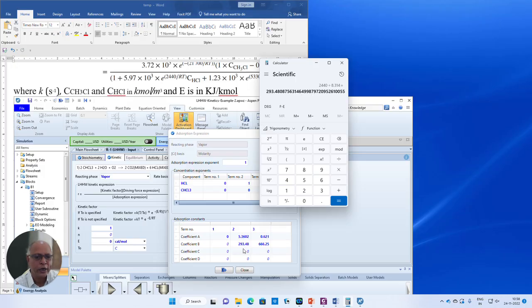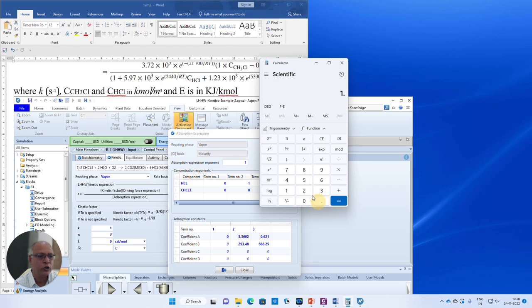2440 divided by 8.314. So that is what I have entered. This is B by T. And similarly, what is the first value of A? ln 5.97 multiplied by 3. So that is 5.3602. In the same way, what about the second, third term? 10 power 3.